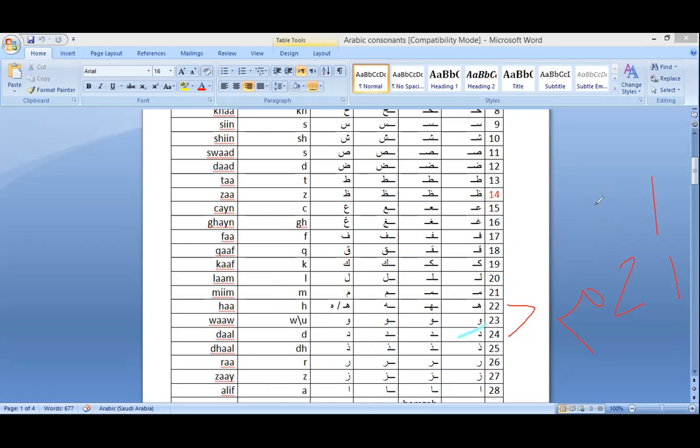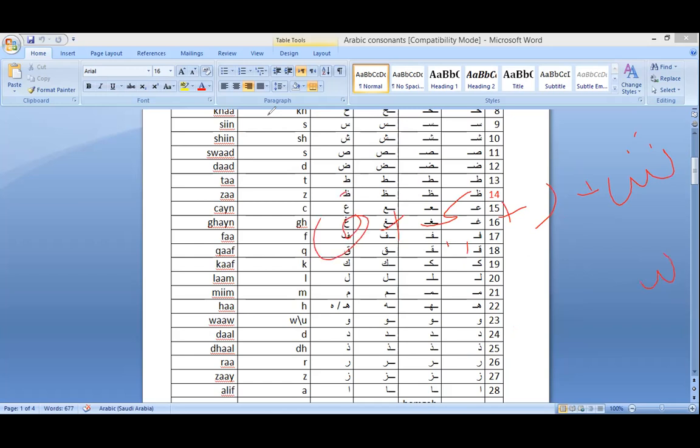Let's see Muhammad, for example. Muhammad, that is Ma, that is Ha, this is another Ma, this is Da. So this is Ma, Ha, another Ma, and Da joined together. Sharif, you see Sharif, the first one is Sha, and then there's Ra, then there's Ya, then there's Fa.